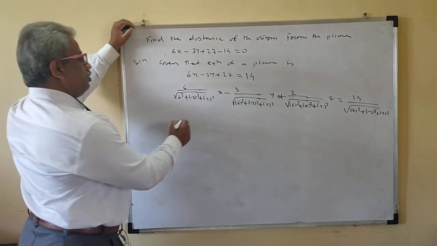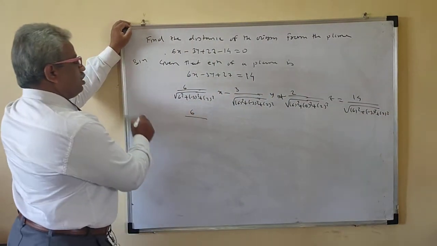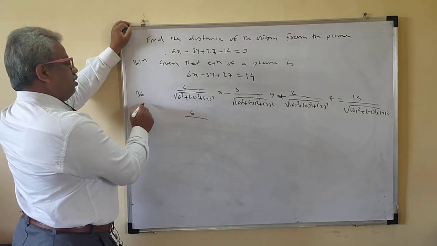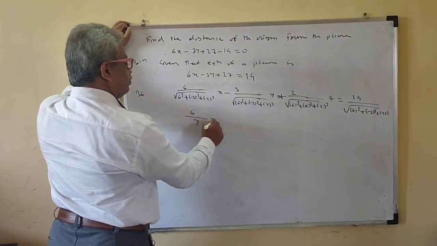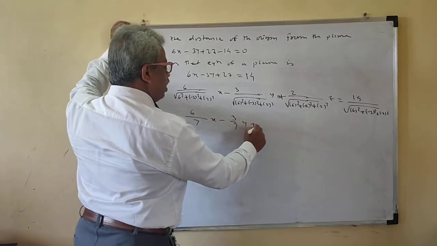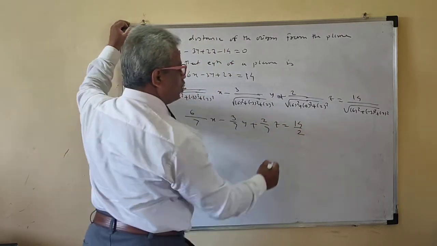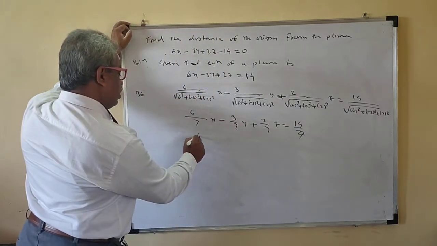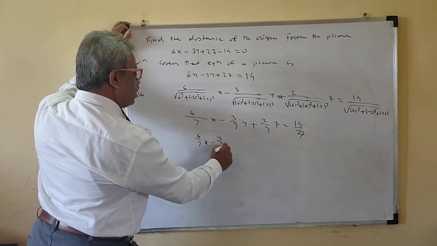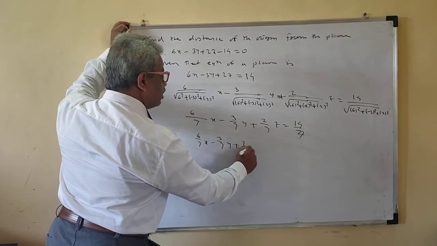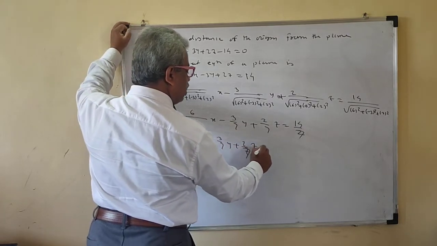So what is that? 6 upon, this is 36 plus 4 plus 9, so this is 7. Minus 3 by 7y plus 2 by 7z is equal to 14 by 7. So this is 6 by 7x minus 3 by 7y plus 2 by 7z is equal to 2.